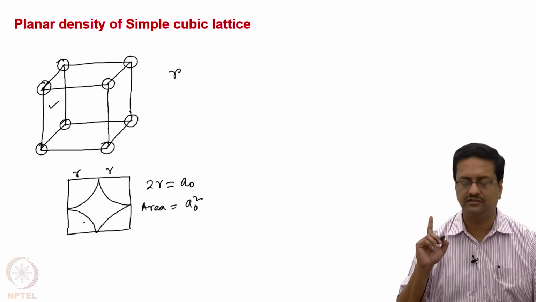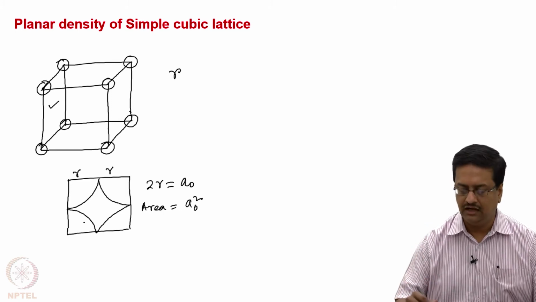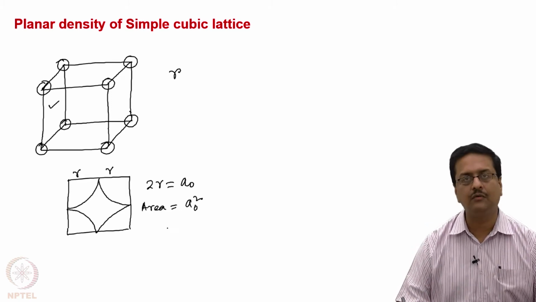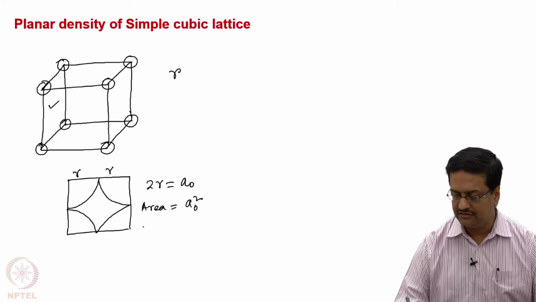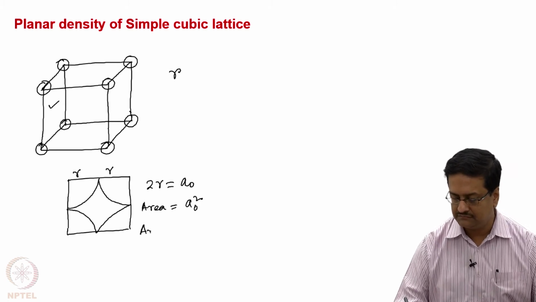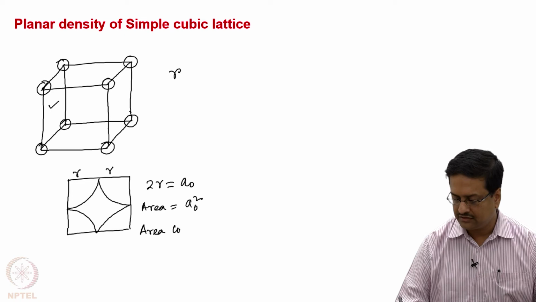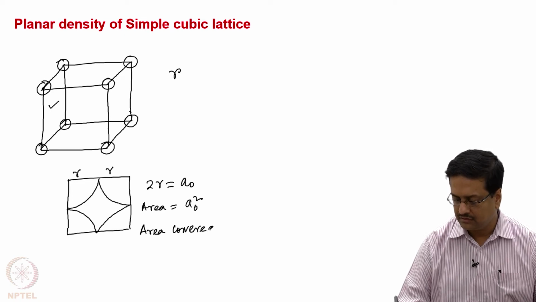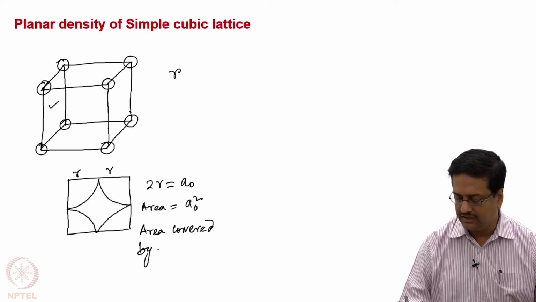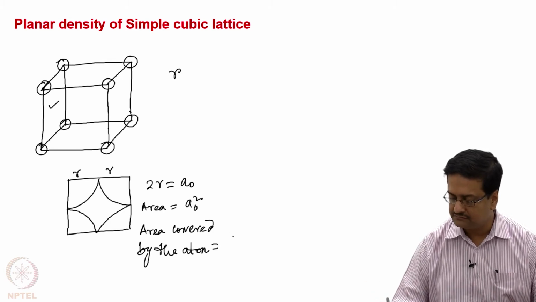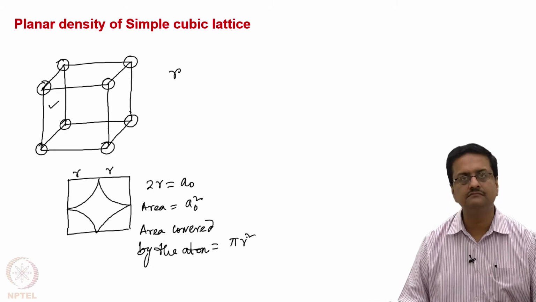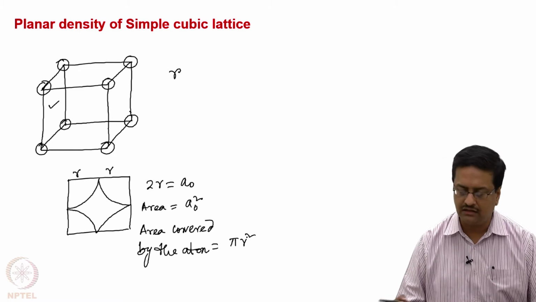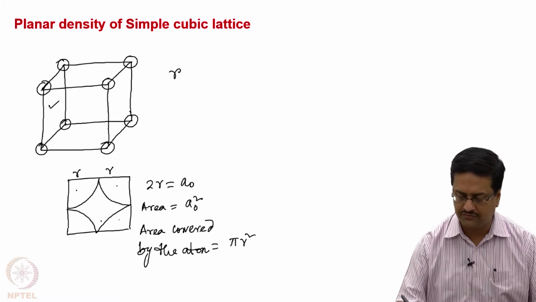That means we have contribution from 1 atom, and the area covered by the atoms is nothing but pi r square, because it is equivalent to 1 atom, because you have 1/4, 1/4, 1/4, 1/4.